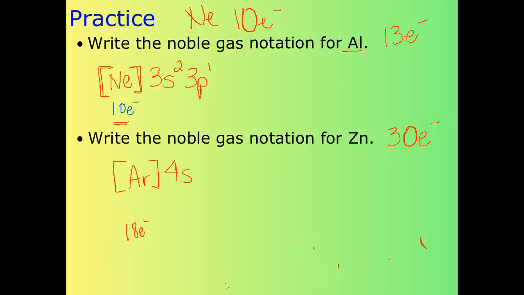S sublevels can hold 2 electrons. After the 4s, according to the Aufbau principle, comes the 3d. The 3d sublevel, d has 5 orbitals, so that makes 10 electrons total. You make sure you keep track of your electrons. 18, 20, 30. So then this would be the total configuration in noble gas notation for the element zinc. Much shorter than all those lines and arrows.